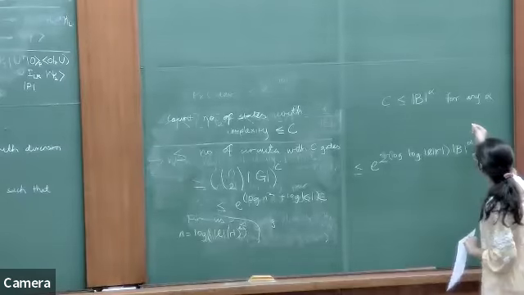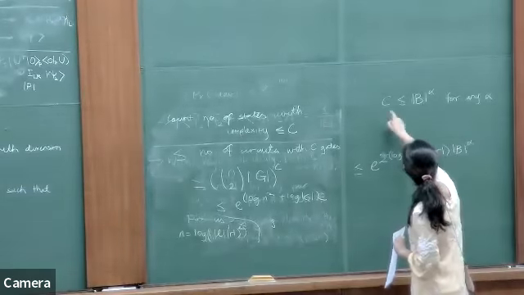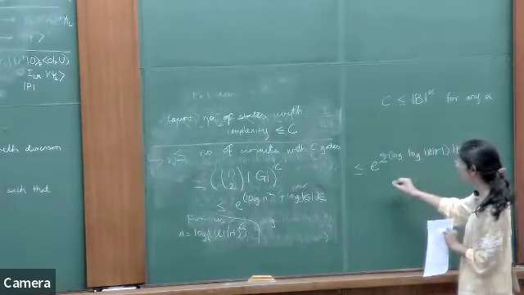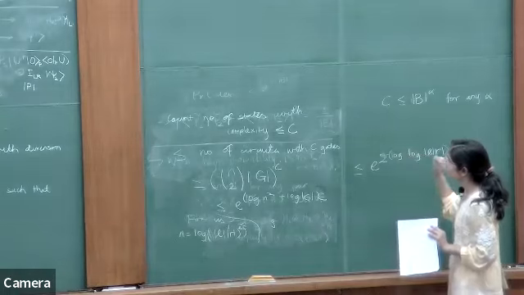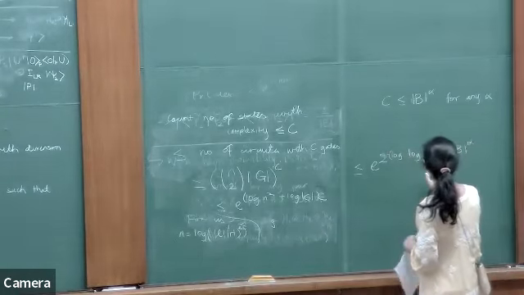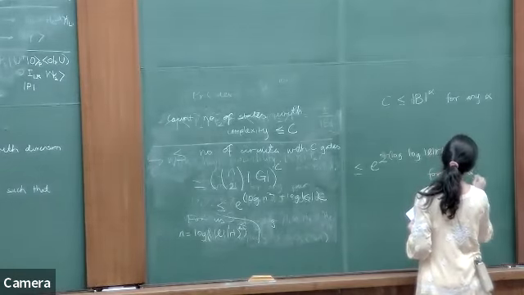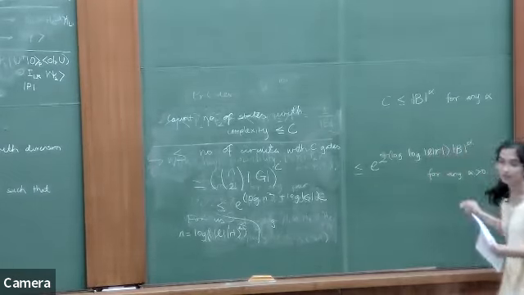Yeah, so now from the restriction that the complexity is less than or equal to B to the alpha for any alpha, I will have that the number of such states will be less than or equal to this, for any alpha greater than 0.